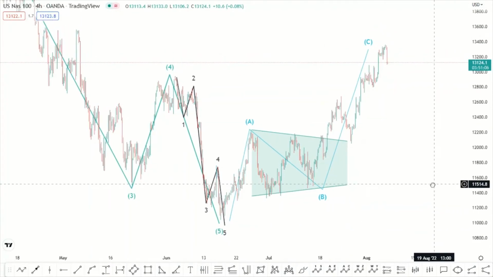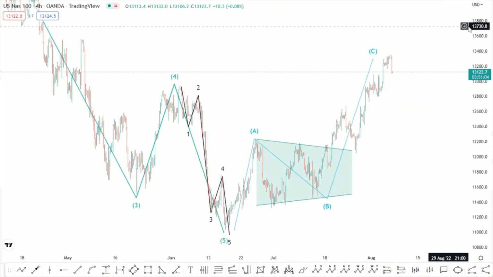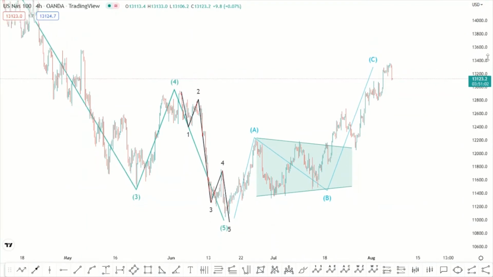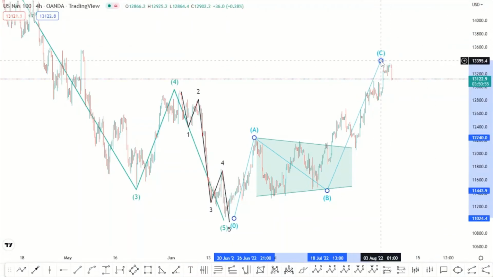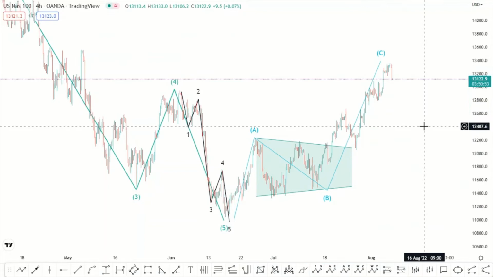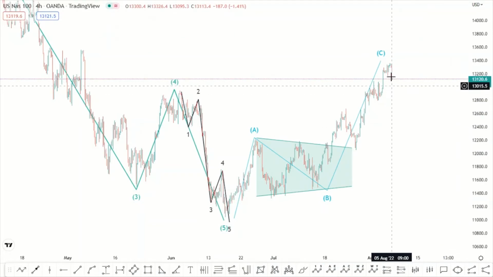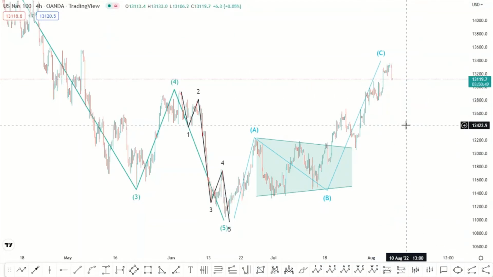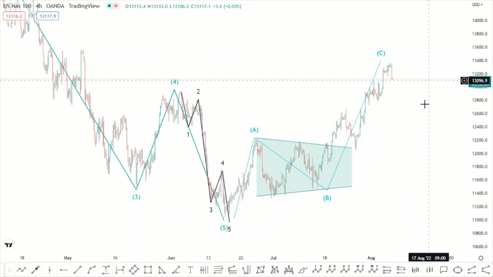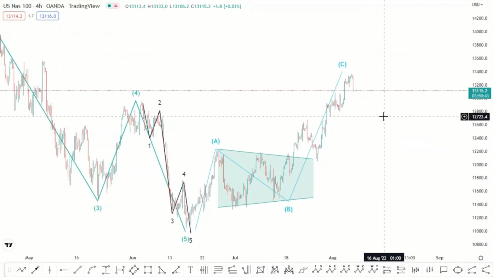We wanted an ABC structure to be clean and clear, visible in our eyes before we try to interact. I mean, it's a little tricky to interact with it right now. You couldn't just sell over here. You would want to wait for an impulse in the bearish way and then a correction in the upside so that you can interact with it, right?